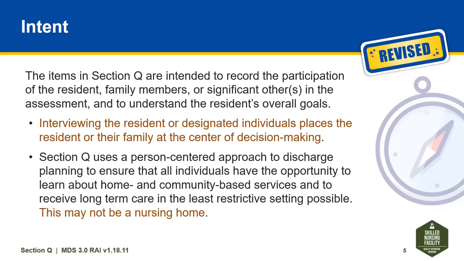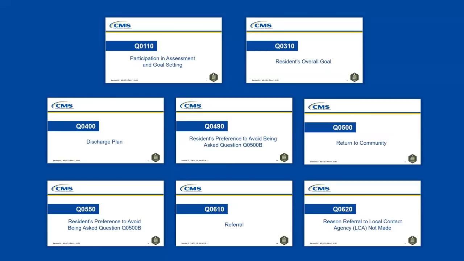Section Q of the MDS uses a person-centered approach to discharge planning to ensure that all individuals have the opportunity to learn about home and community-based services and to receive long-term care in the least restrictive setting possible. This may not be a nursing home. We will discuss Q0110 through Q0620 in this presentation.